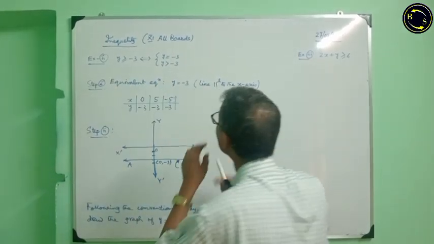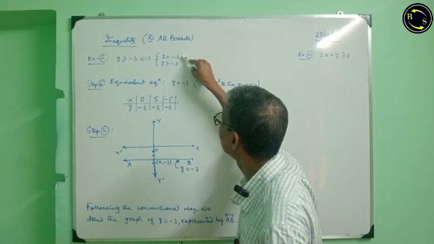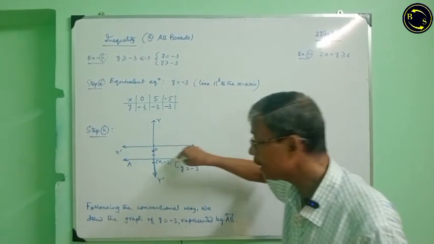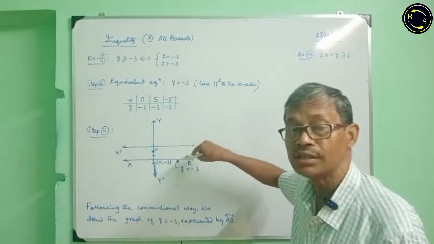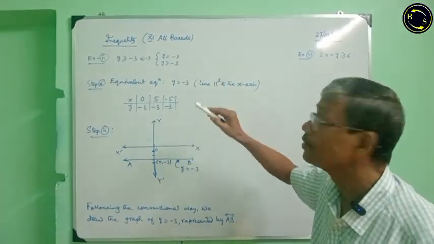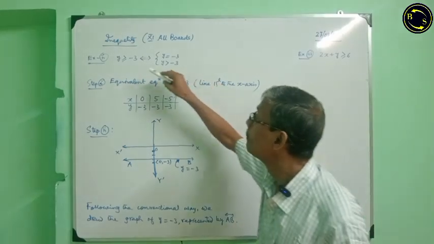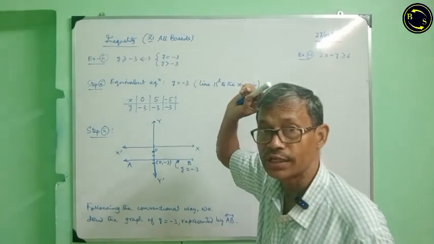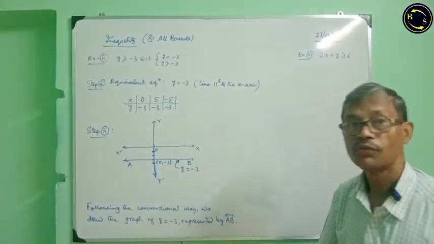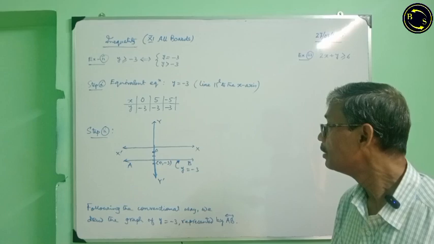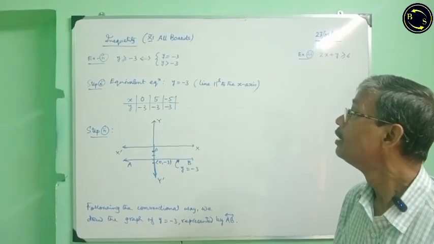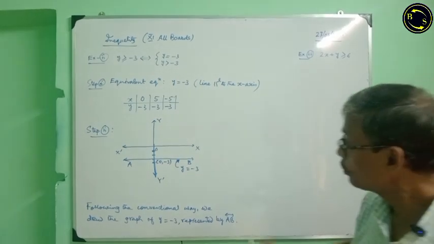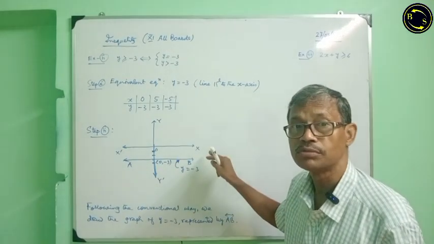Now, as this is combination of y equal to minus 3 and y greater than minus 3, therefore points lying on the AB straight line are also part of the graph of y greater than equal to minus 3. Therefore, for representing the plane for y greater than equal to minus 3, we have to consider the points lying on AB also.